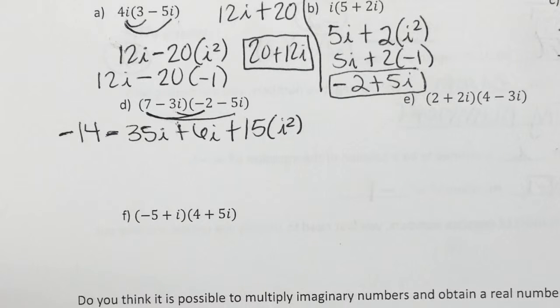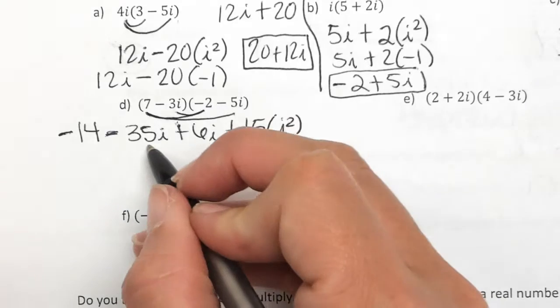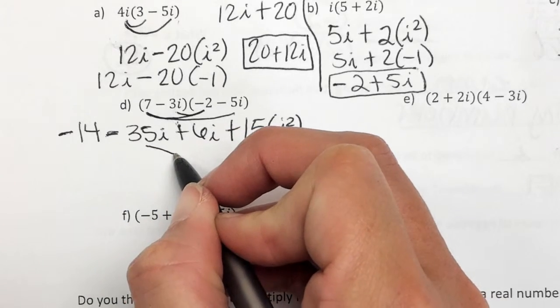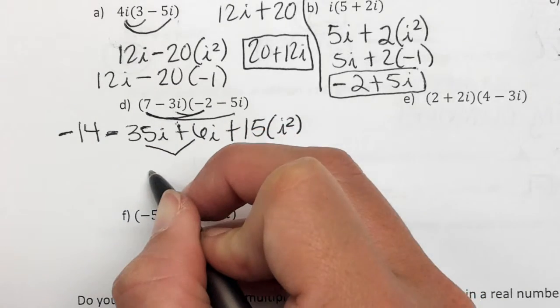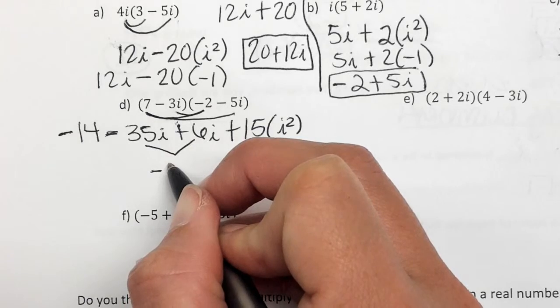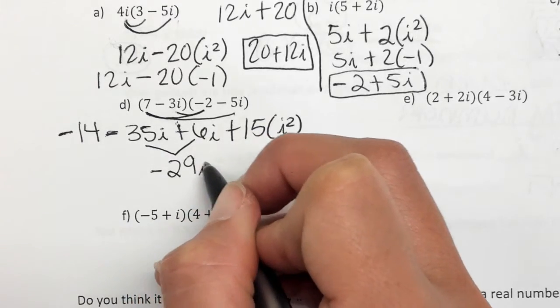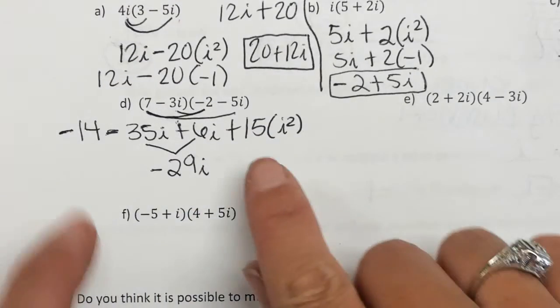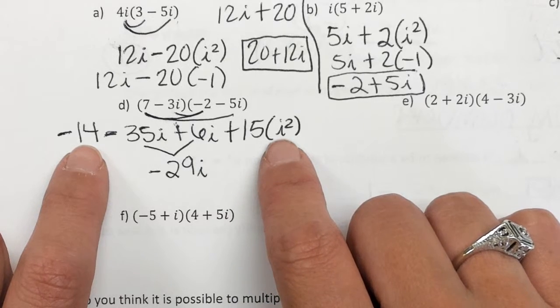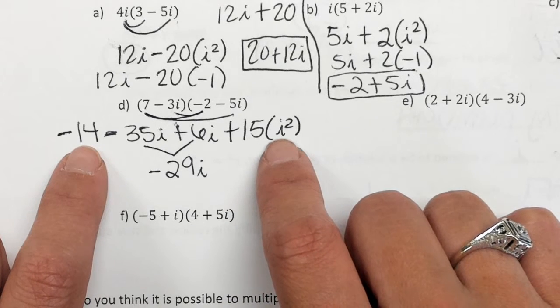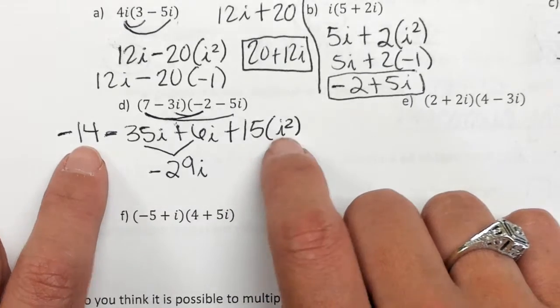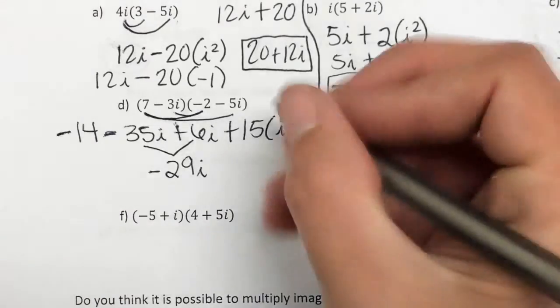Okay. So tell me what to do next. Alright, so what's -35i plus 6i? -29i. Very good. Alright, are these 2 like terms? These 2? Yes, because you can replace this with what? -1, right?